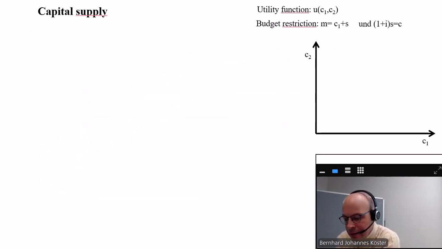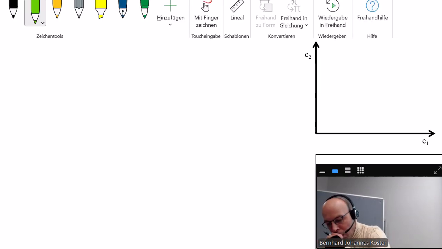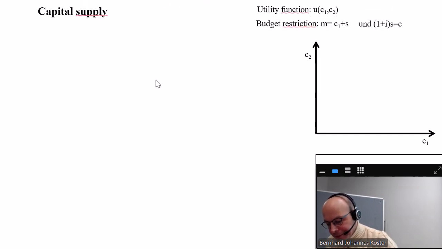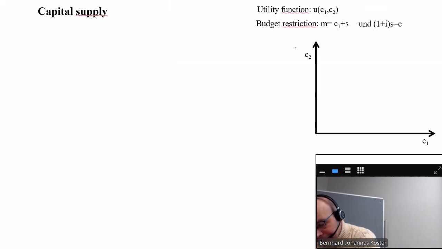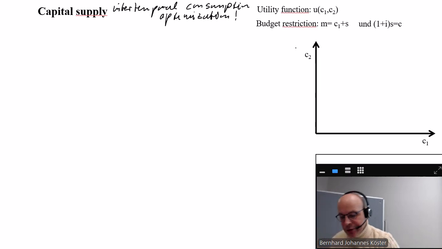Capital supply, we are deriving from the so-called intertemporal consumption optimization problem.